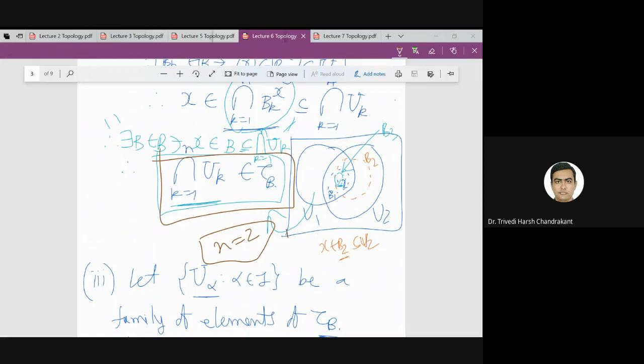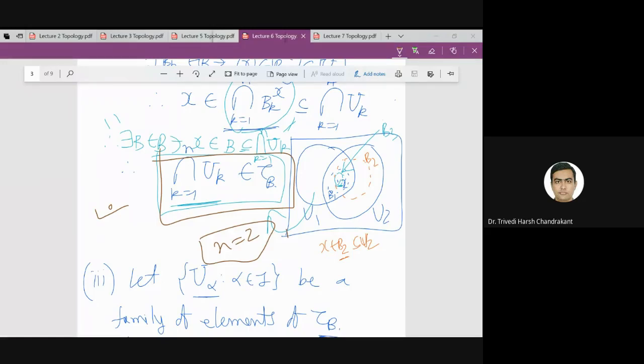This proof is given in the book also, so you can go through it if you are not able to understand here. The complete proof is given, but more or less the idea I have already mentioned here.